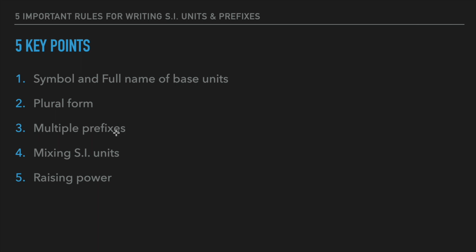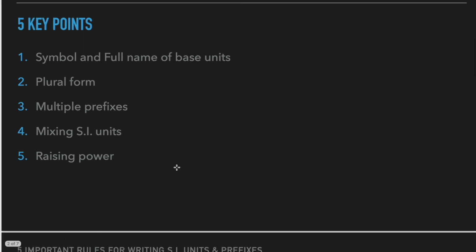Number 3 is multiple prefixes. Number 4 is mixing the SI units. Number 5 is raising the power, basically to both the SI unit and the prefixes. So let's get going to the first point, which is the symbol and full name of base units.